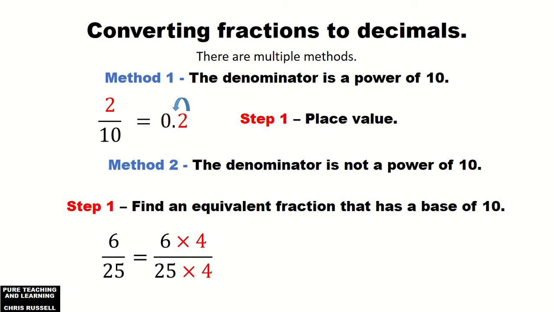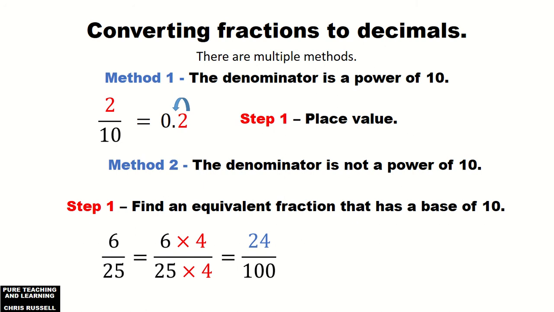The closest one would be, in this case, 100. So for the denominator, we have 25 multiplied by 4, and we have 6 multiplied by 4. Whatever we do to the denominator, we also do to the numerator. And therefore we get 24 over 100, or 24 hundredths.